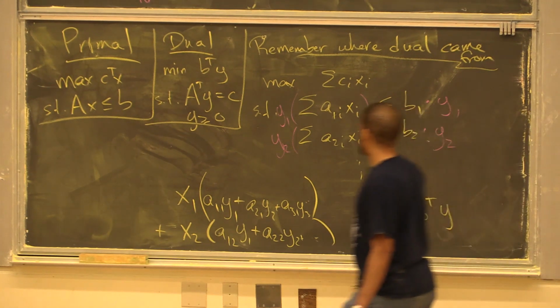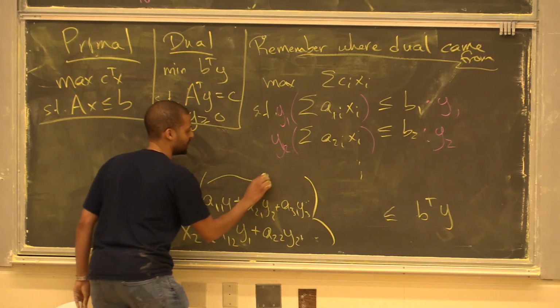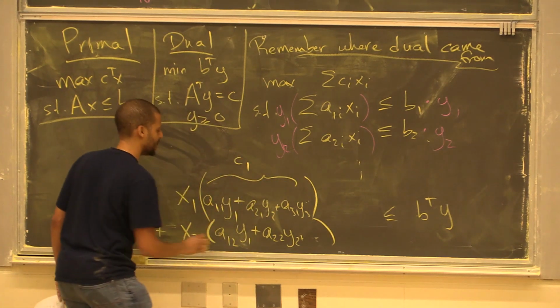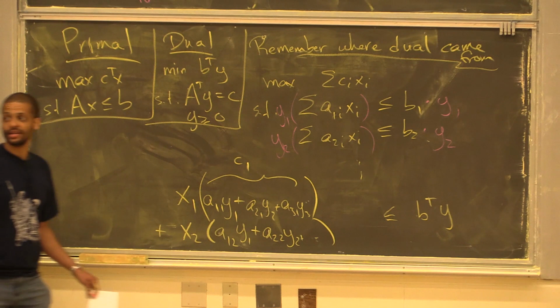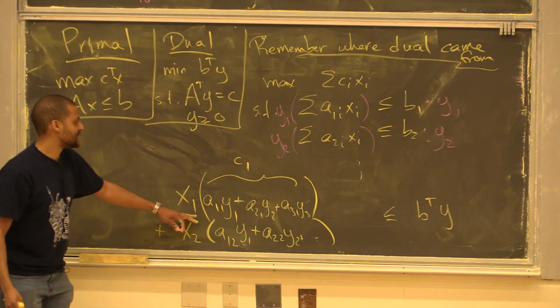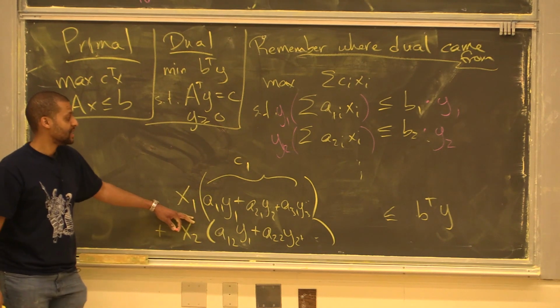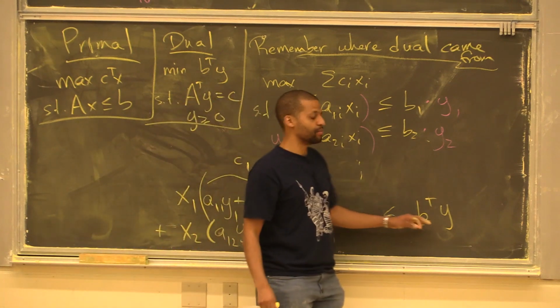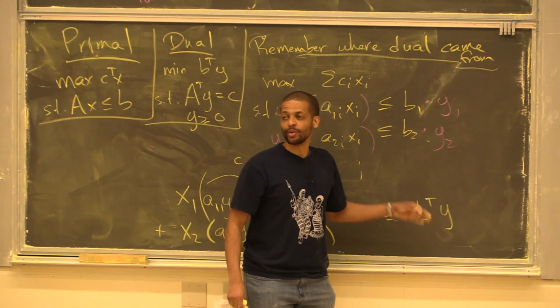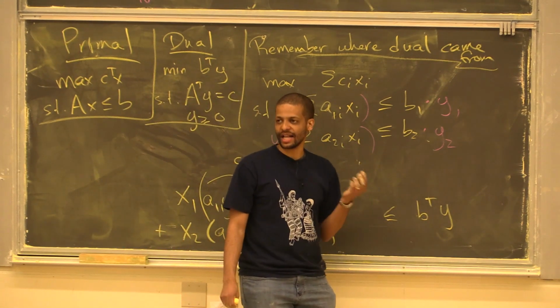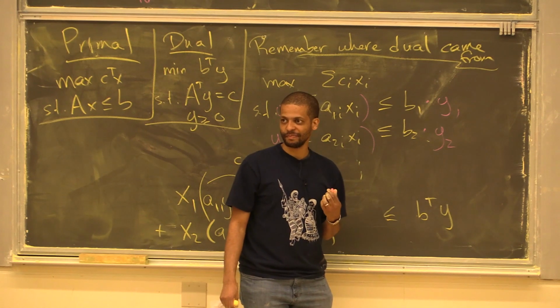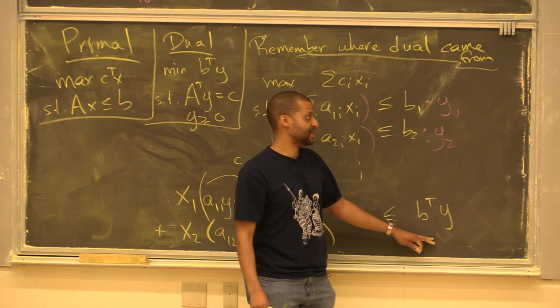And we said, look, if we can make this equal to c1, and we can make this equal to c2, etc., then this left-hand side is just c transpose x. And what we're saying is c transpose x is at most b transpose y. So we just proved an upper bound on the optimal value of the primal, namely, b transpose y.